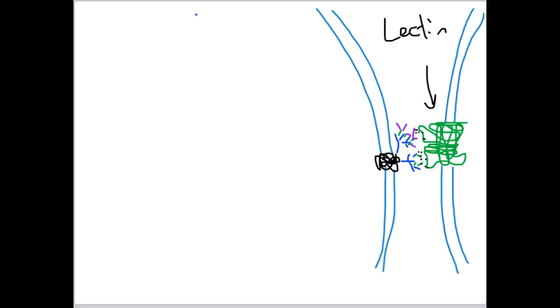There's a subclass of lectins that is specific to cell-cell adhesion only, called selectins. Selectins are, again, membrane-bound proteins that specifically bind to glycoproteins, but they do so for cell-cell adhesion.